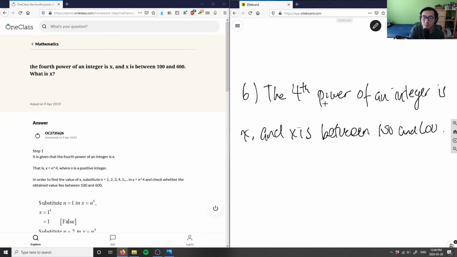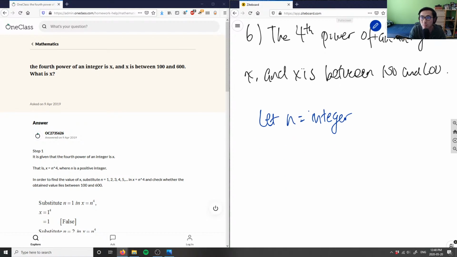What is x? First I'm going to say let n equal the integer. So basically the fourth power of this integer, n to the 4, would equal x. And x is between 100 and 600, right?